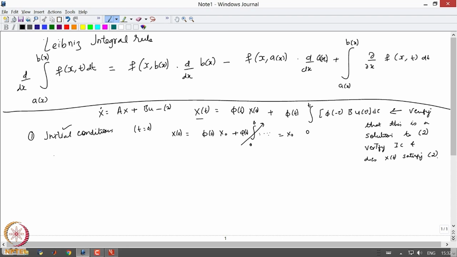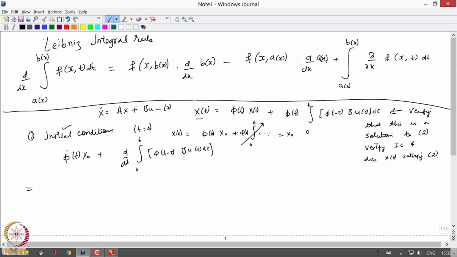The first term gives phi dot of t x naught, plus d over dt of the integral from 0 to t, which I will get inside for a while, of phi of t minus tau B u tau d tau.